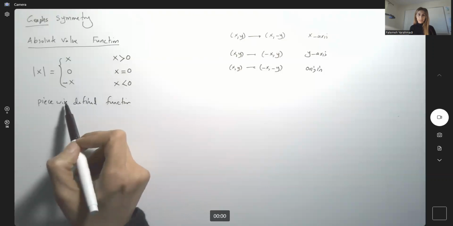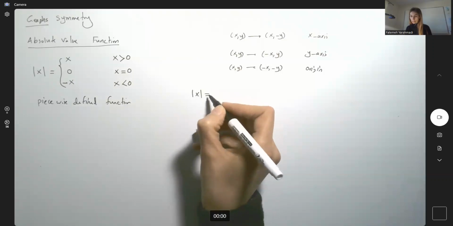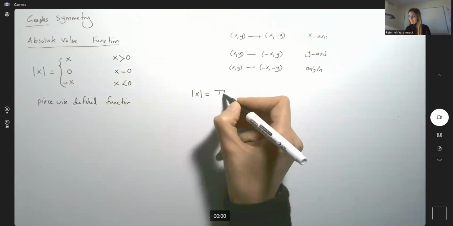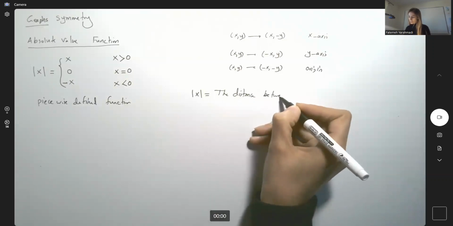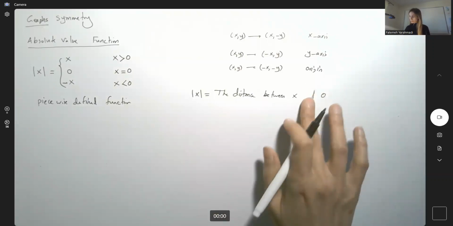where y is minus x. By definition, the absolute value of x is the distance between x and the origin, 0.